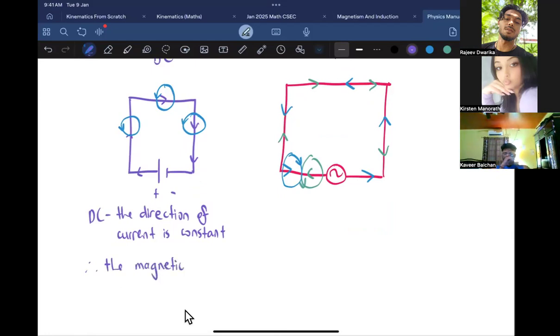You agree? Yeah, because it doesn't change direction. The current is dependent on the magnetic field and vice versa. So if the current doesn't change, nor will the magnetic field or the magnetic flux.